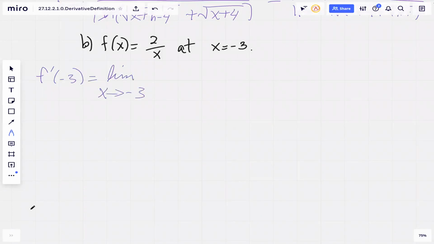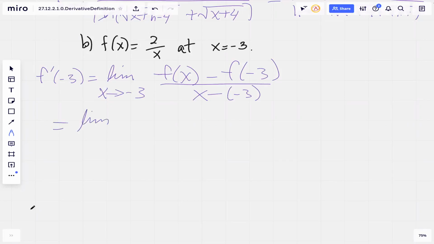Limit as x approaches -3 of f at x minus f at -3 over x minus -3. Okay. Limit as x approaches -3 of 2 over x minus 2 over -3, all over x plus 3.